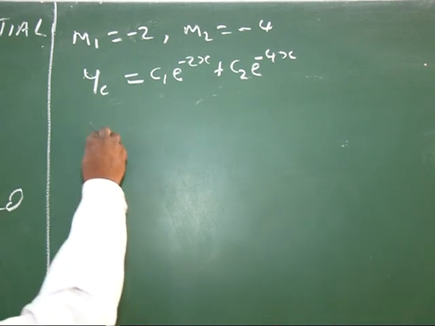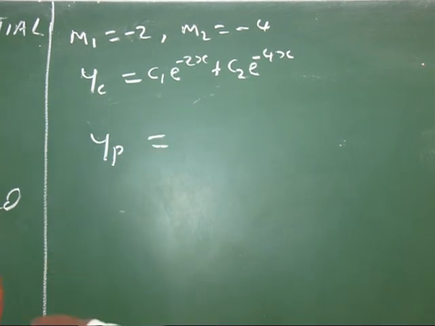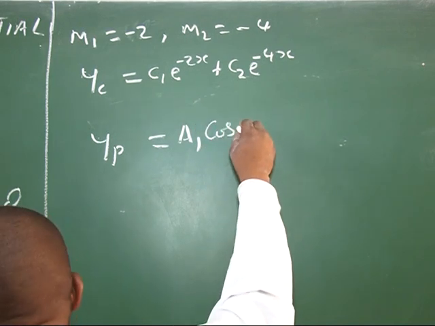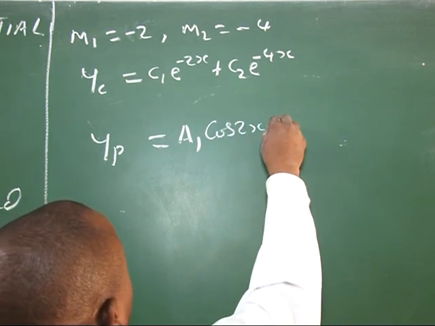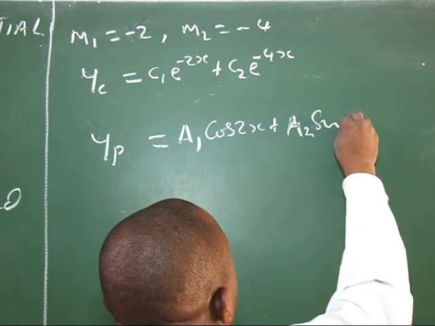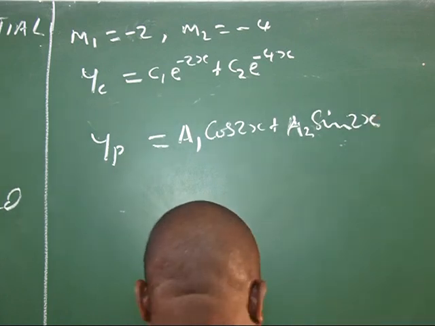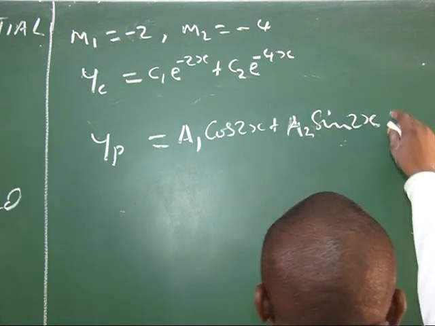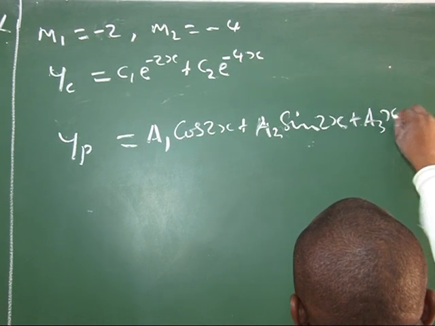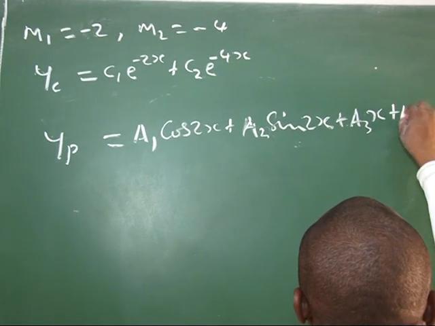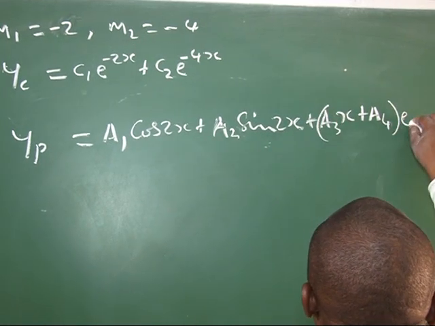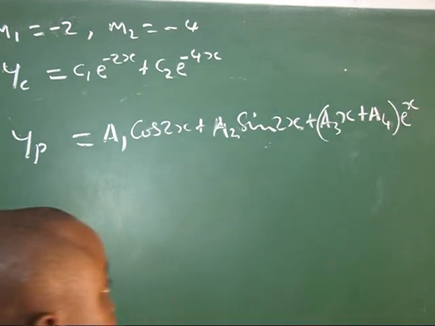So yp will be equal to a1 cos 2x plus a2 sine 2x plus (a3x plus a4) exponential x.